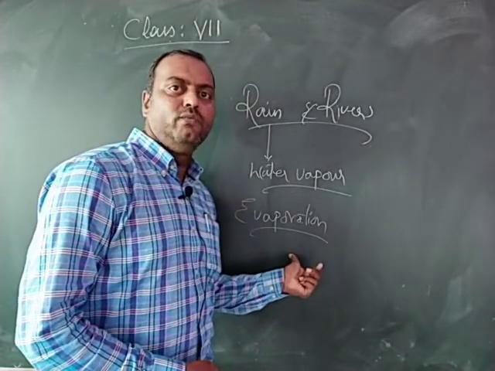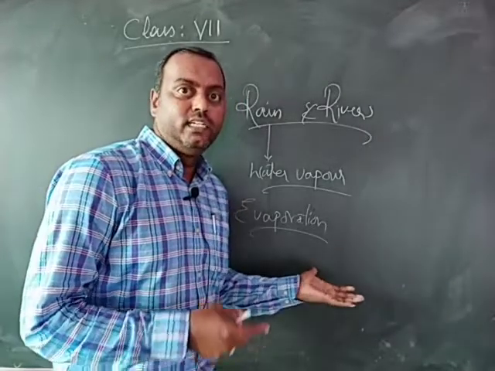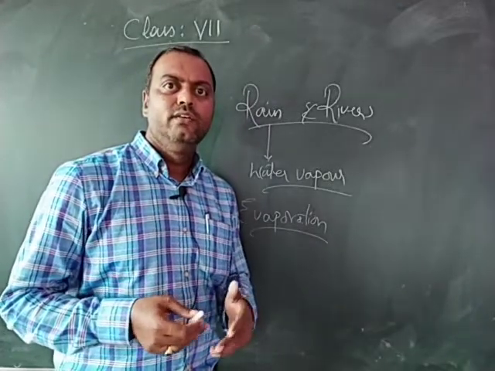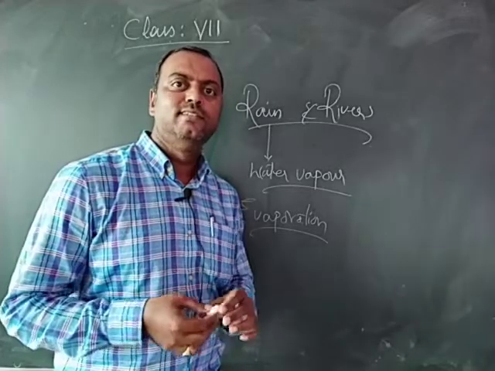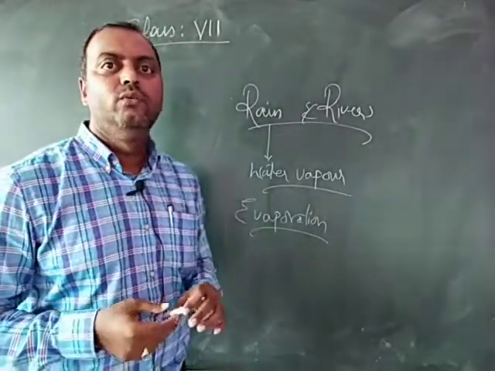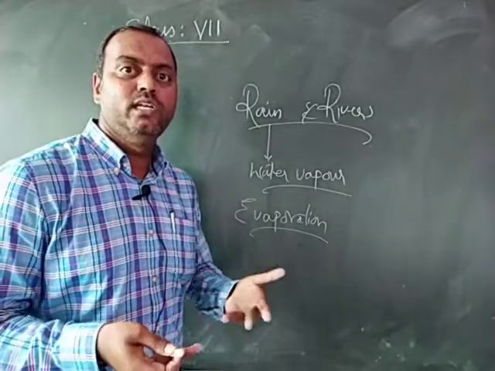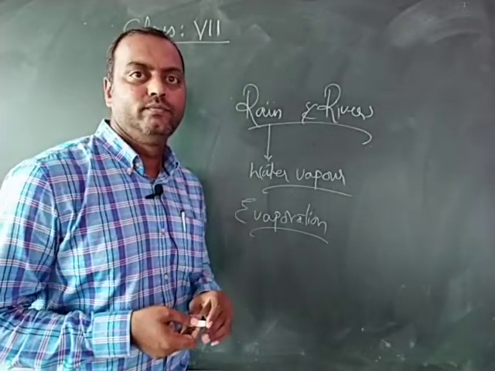So in order to evaporate, there should be heat. But you know, children, you might have noticed there are vast water bodies. Oceans are there, seas are there, lakes are there, rivers are there. There are many water bodies present on the earth, and they naturally evaporate, and that water turns into vapor.